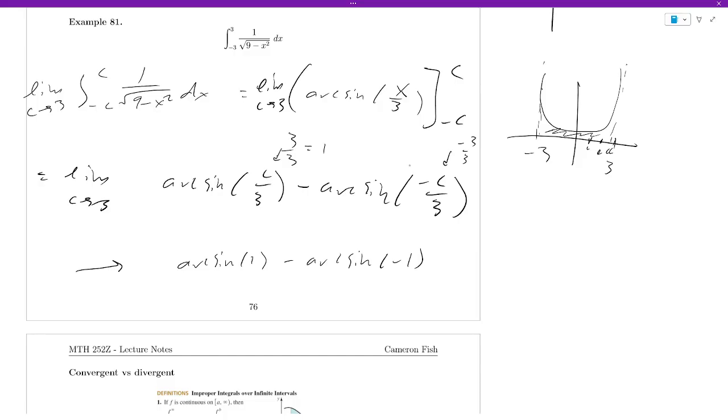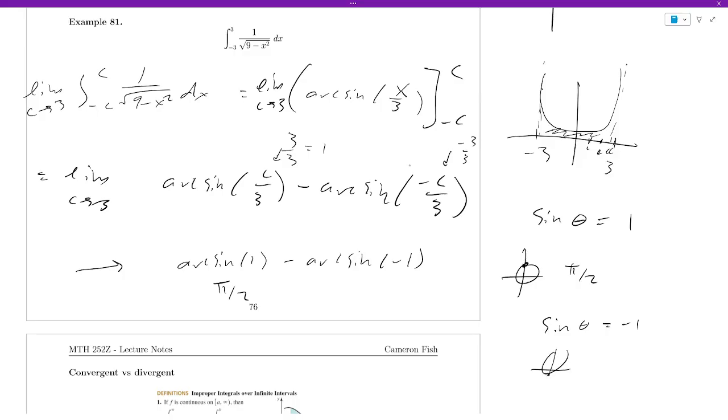Let's just try to remember arc sine of 1 for a second, right? Arc sine of 1 is asking sine of what number equals 1. I just have to think what theta gives me a y value of 1, and it's going to be pi over 2. So this is pi over 2. And then the other one, arc sine of negative 1, sine of what gives me negative 1.